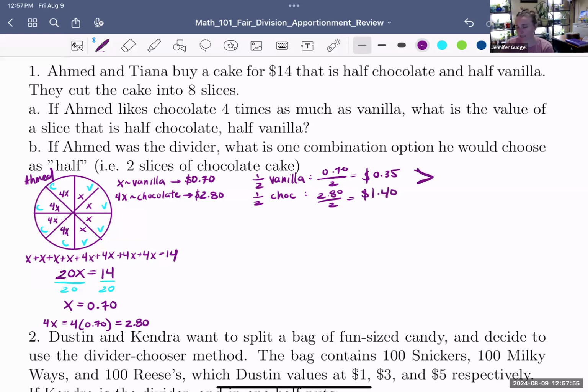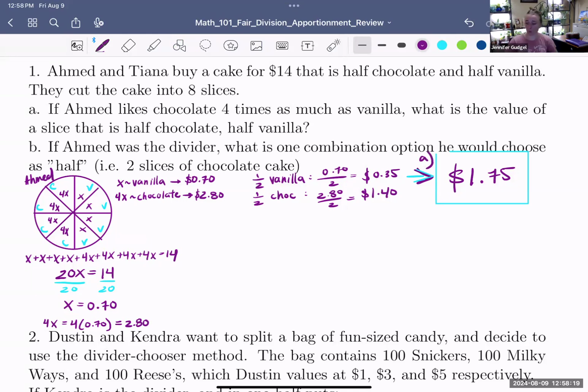So putting these slices together, a slice that is half chocolate and half vanilla is going to equal $1.75 to Ahmed. That is the amount, the cost, or the value of a slice that is half chocolate, half vanilla. That is our answer to part A.